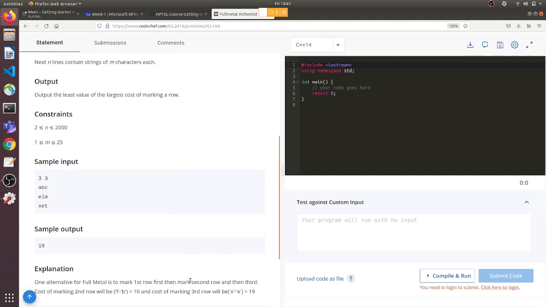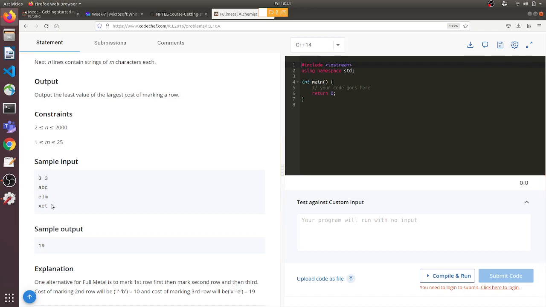So the output format, I'm a little confused about the output. So we have to mark every row, and we do it in an efficient manner so that it's the least value, and we have to report that row which has the maximum.